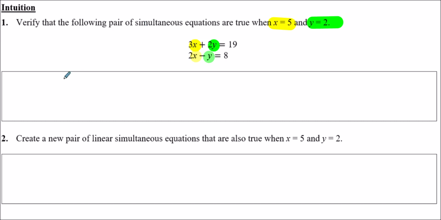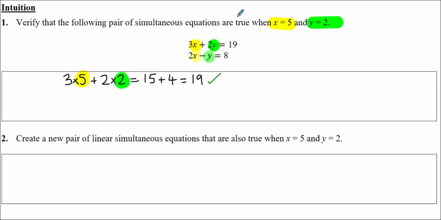So the top one becomes 3 times 5 plus 2 times 2. So 3 times 5 is 15, plus 2 times 2, which is 4, equals 19. So that checks out. It does say it equals 19, and it certainly does.